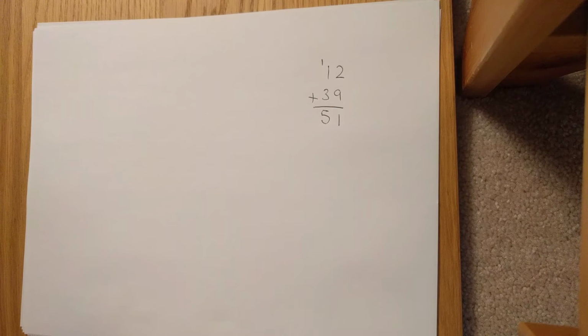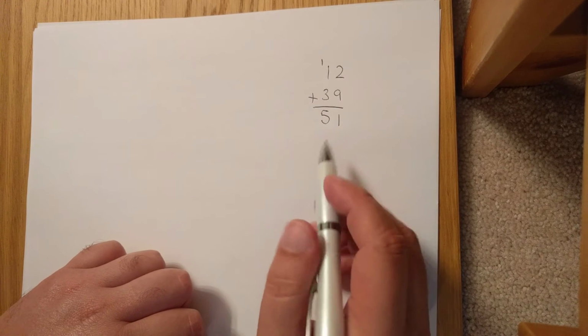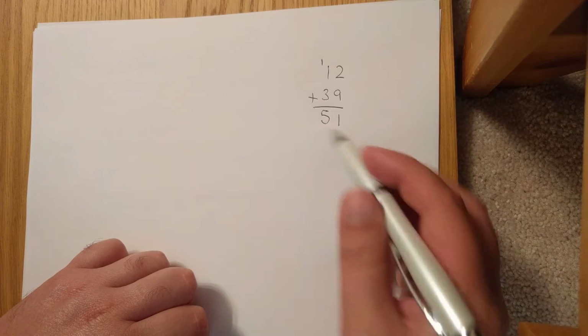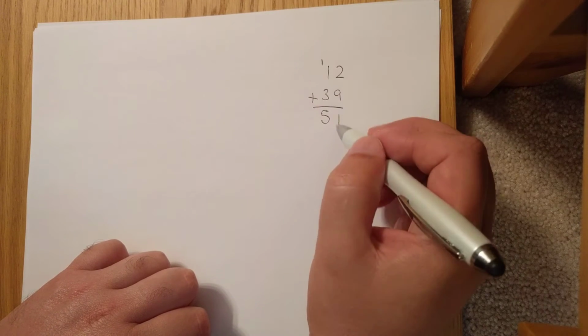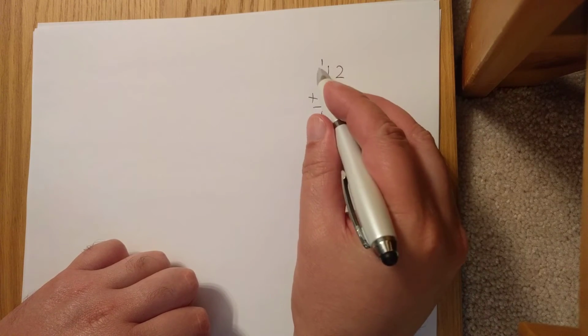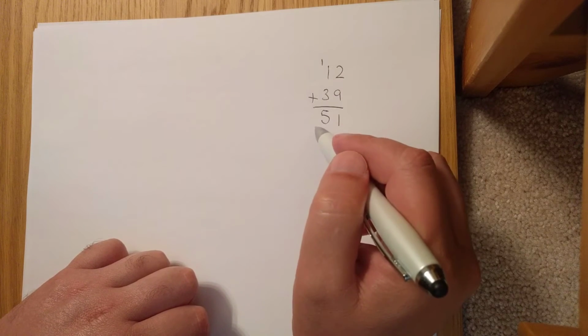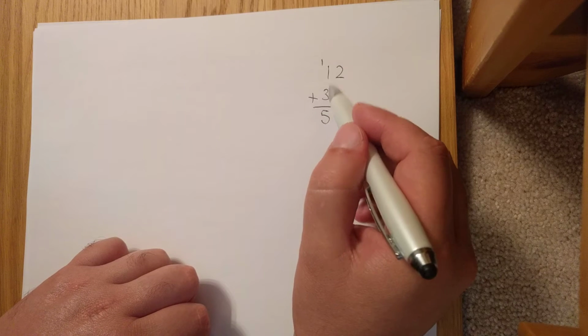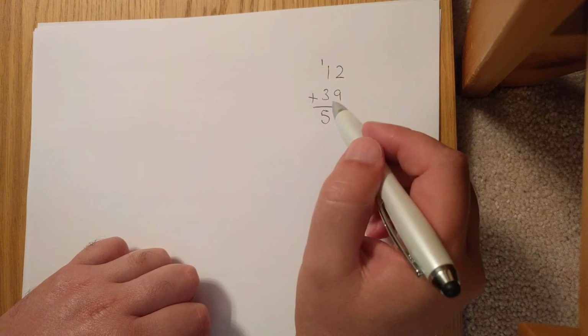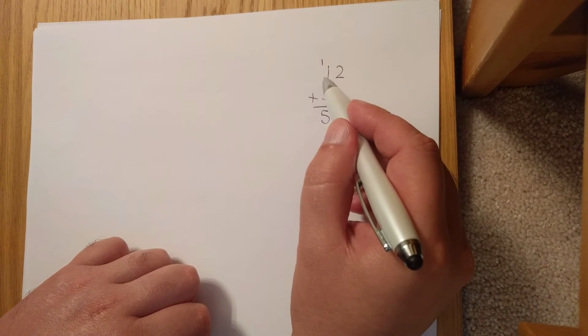That's true, and it worked, but there's a lot wrong here. When I said 9 plus 2 is 11, I put the 1 here and a 1 here, and then I added the 3 and the 1 and the 1. That's 5. That's true, but this is not a 3. This is not a 1. And that's not a 1. This is 30. And that's 10.